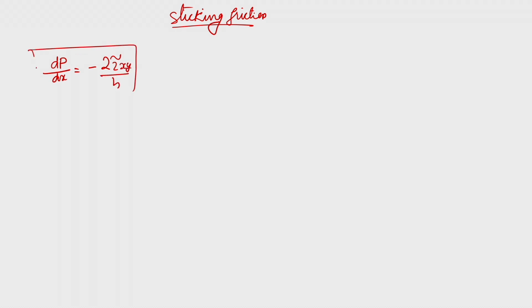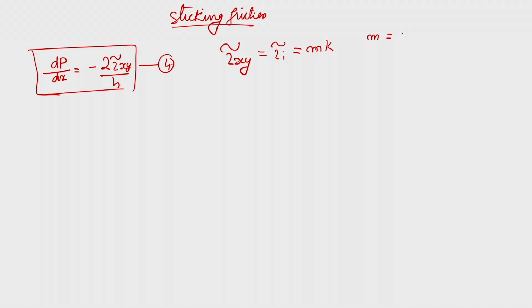This is our equation number 4. Now, for sticking friction, the interface shear stress, tau xy, that is tau i, we can write as m k, where m is the friction factor. And you know that for perfect sticking, m is equal to 1, and for perfect sliding, m is equal to 0. That is our basic assumption.